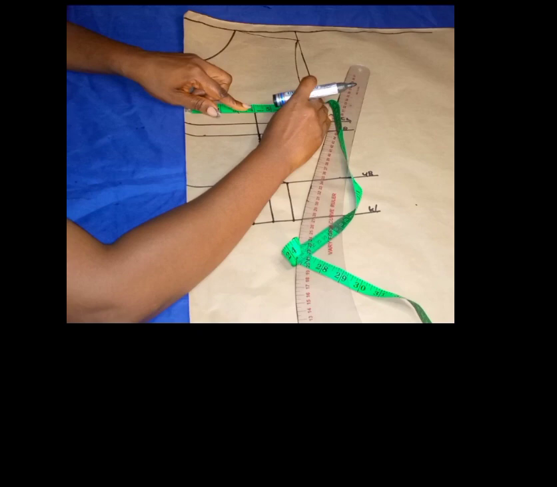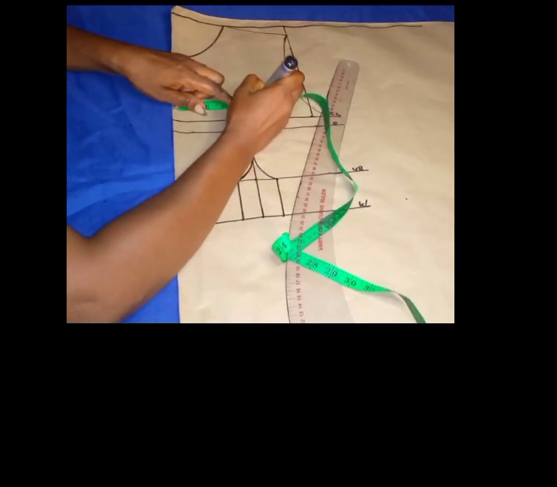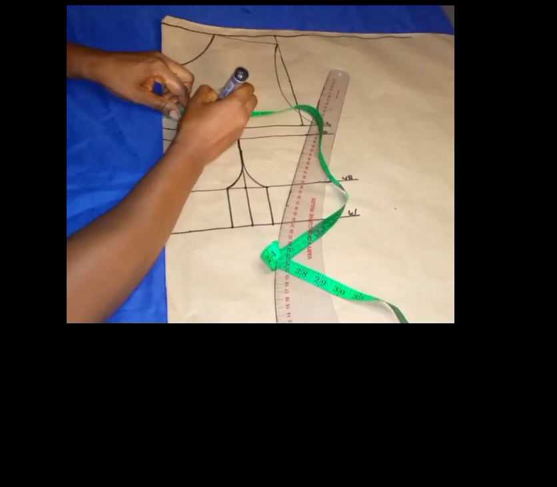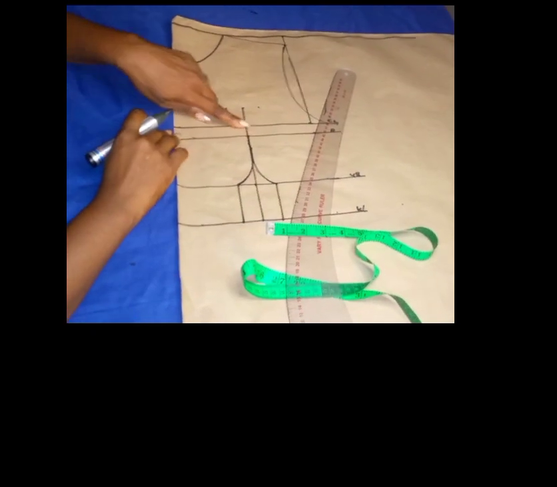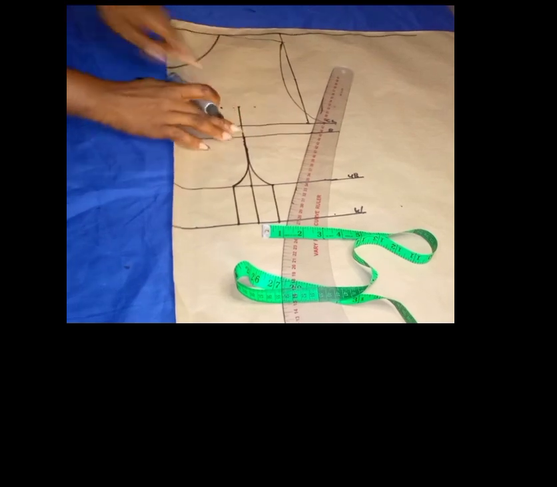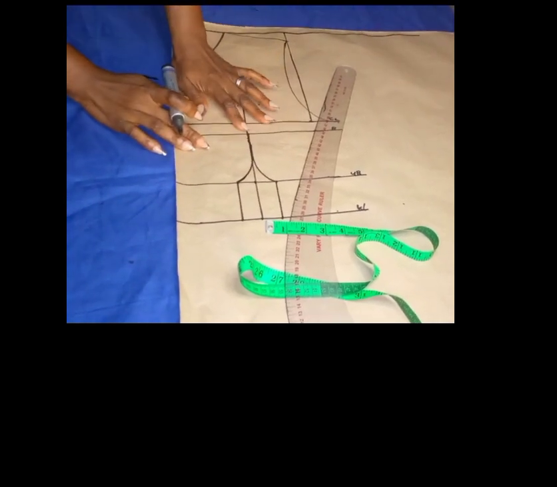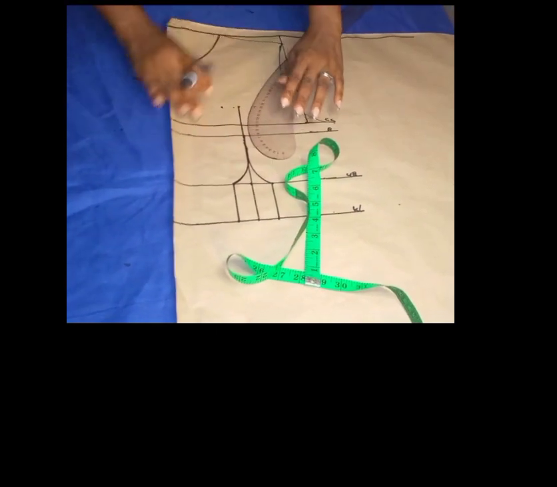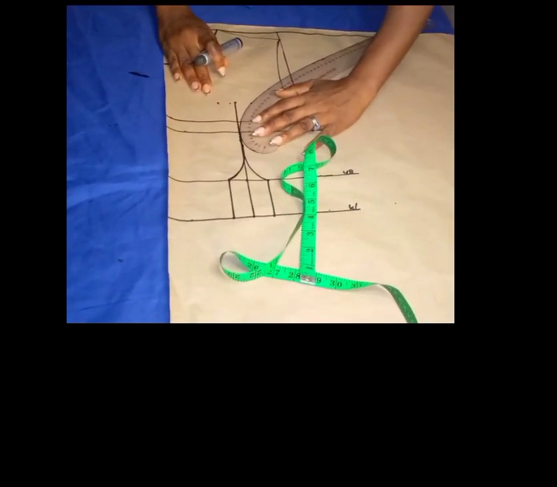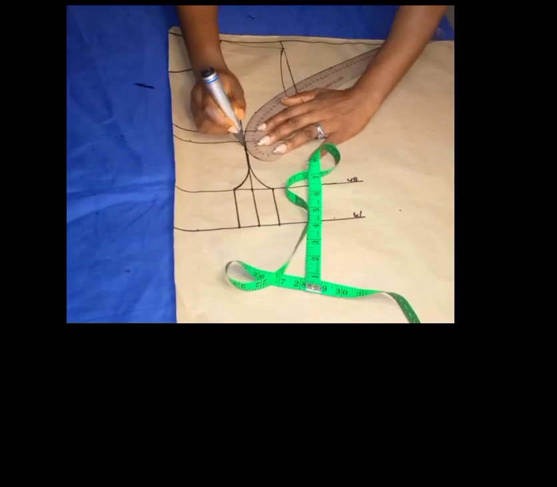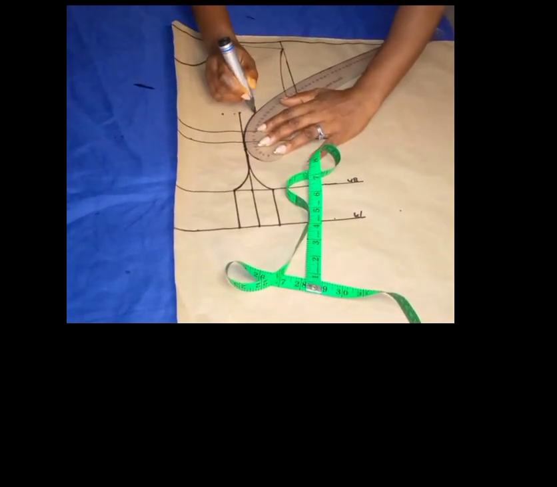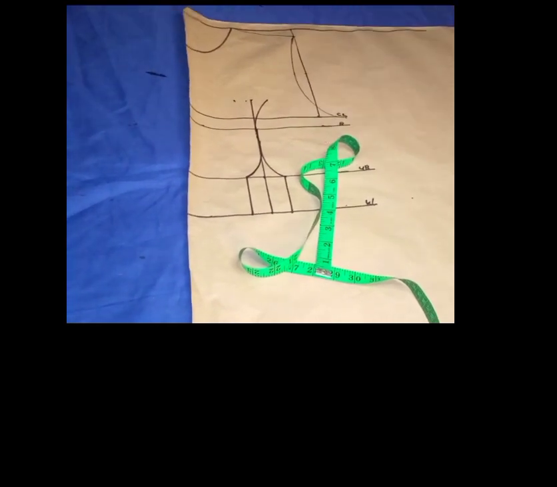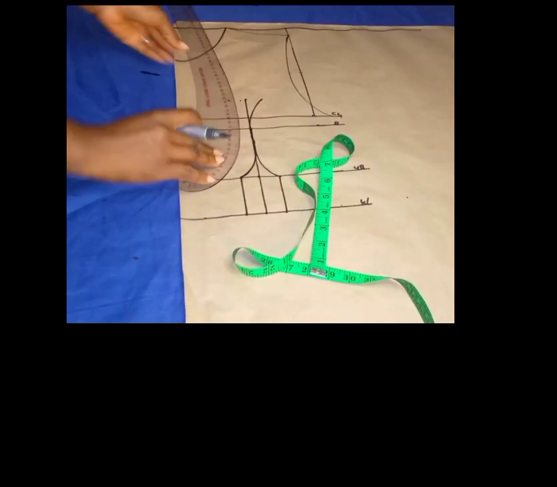Then from that line, from my dart leg there, I'm going to take 1 inch on both sides, then I'm going to connect to the right side using a curve rule as well.